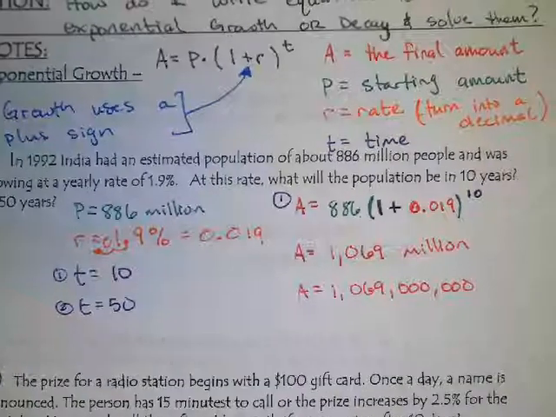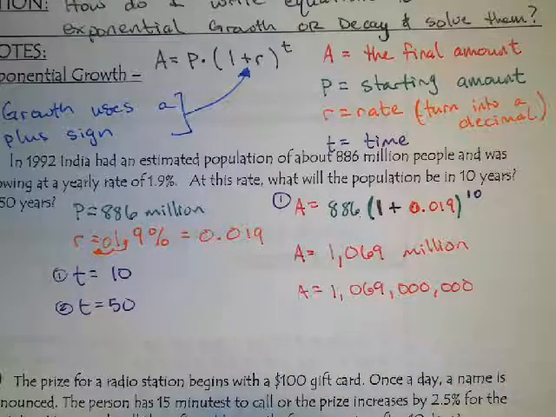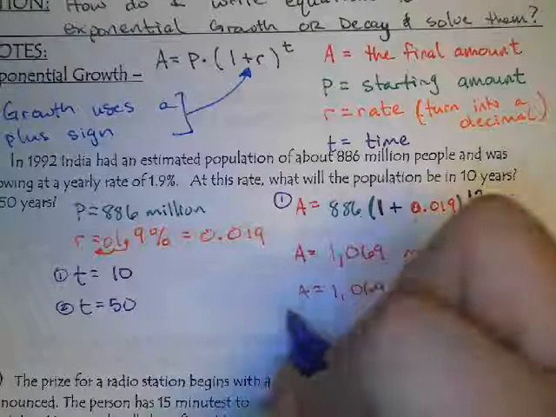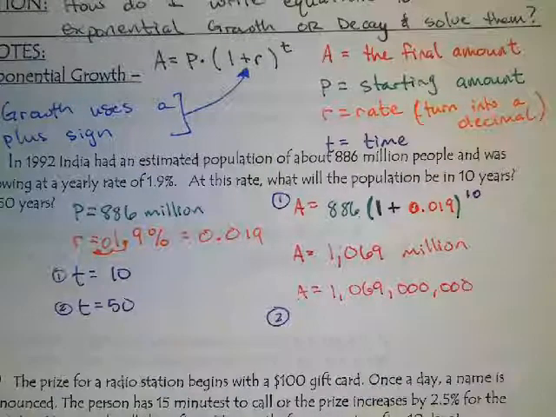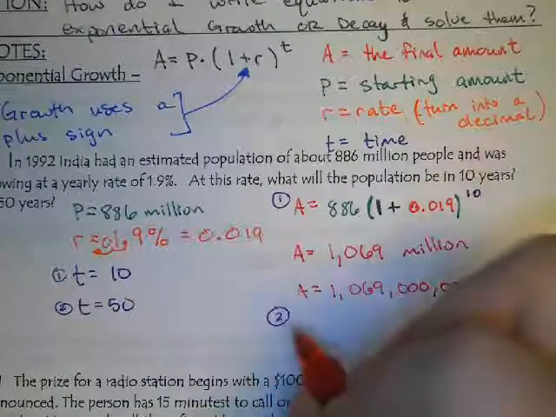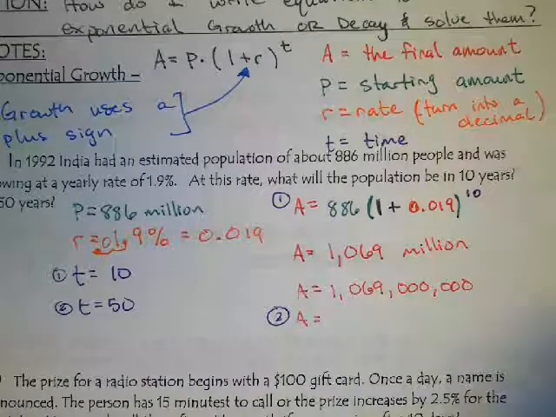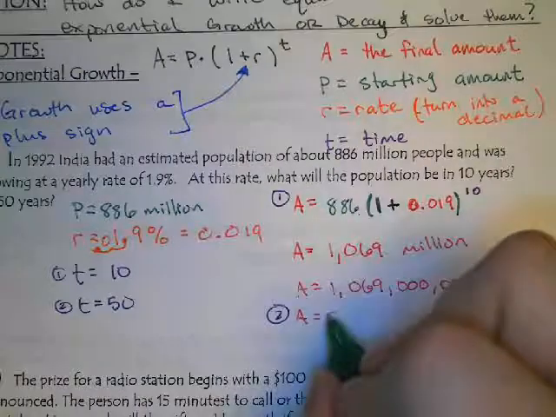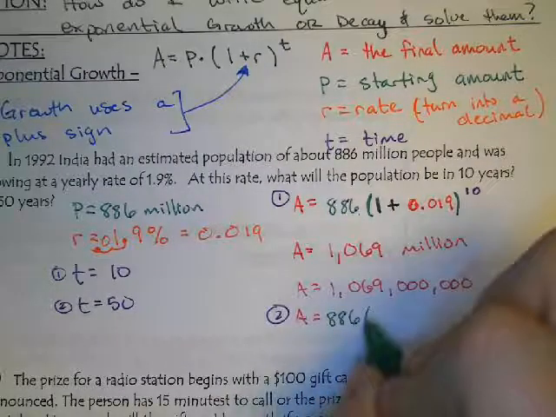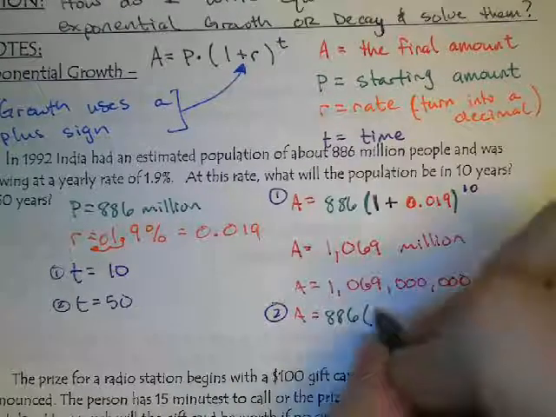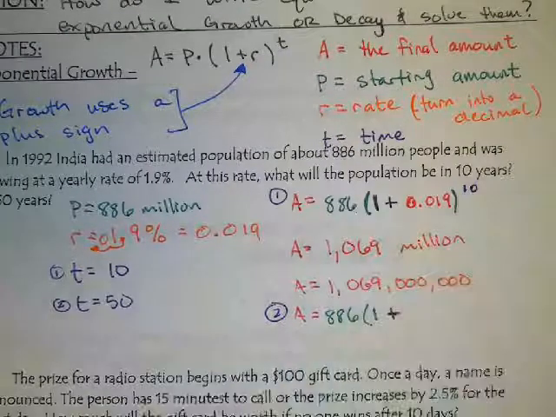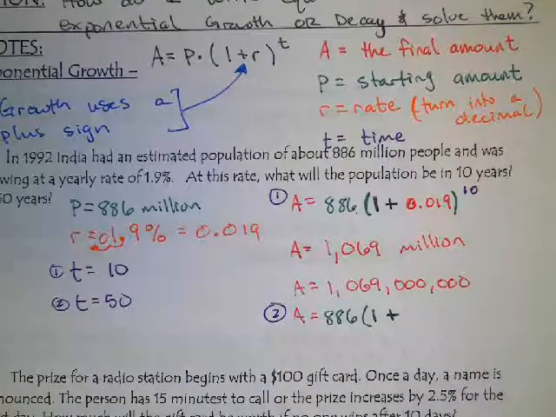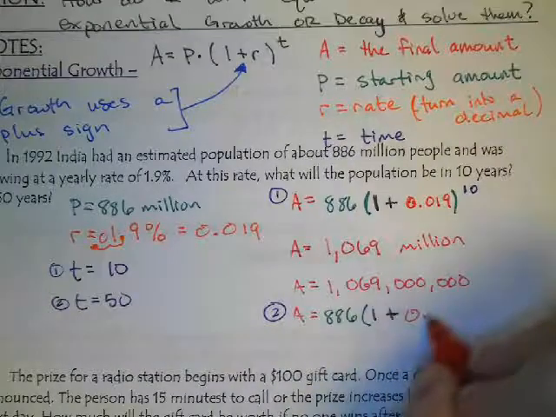Oh, and then if we want to do the second problem, our second problem will just be the same process, but instead we're going to use 50 instead of 10. So 886 times the 1 plus. It's a plus because it's growth. There's always that 1 right there. We plug in our rate.